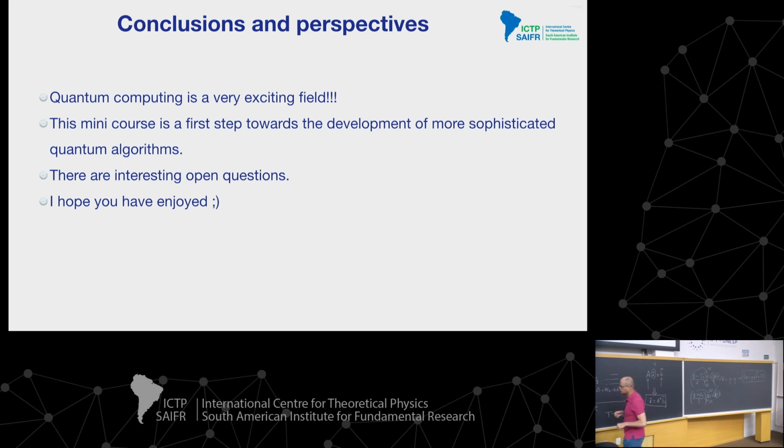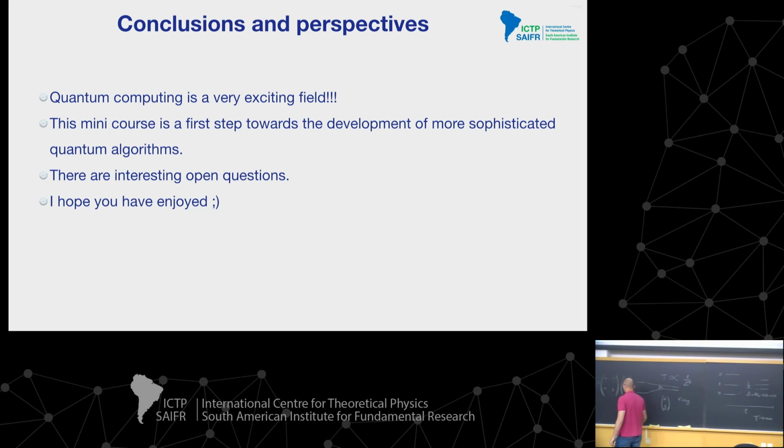Okay. The idea of adiabatic quantum computation is that you start in this state. This is the ground state at the initial time, and you go to the ground state at the final time.